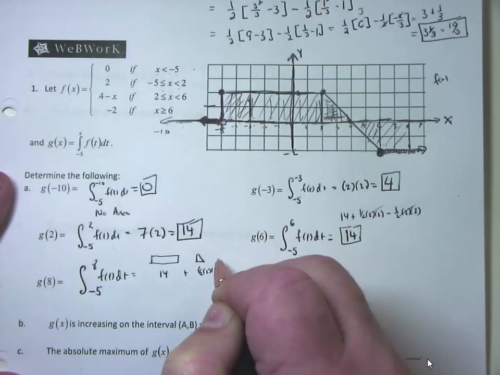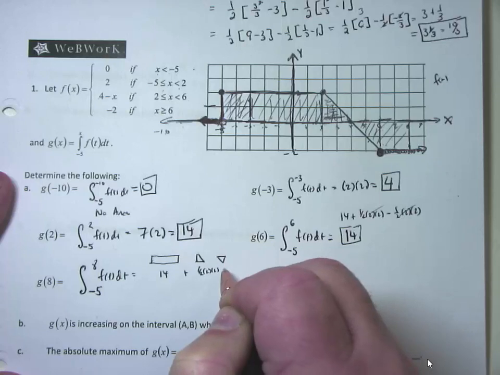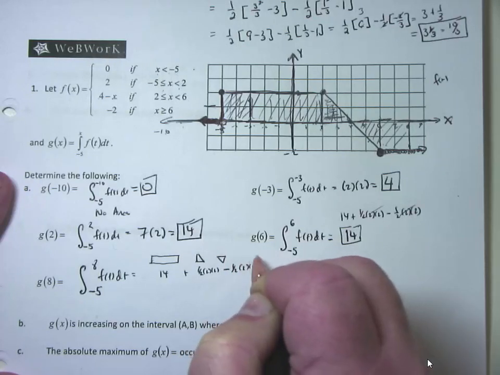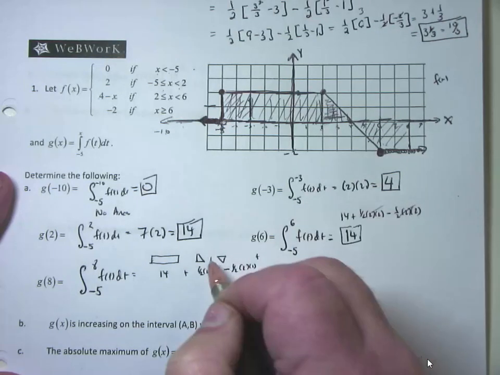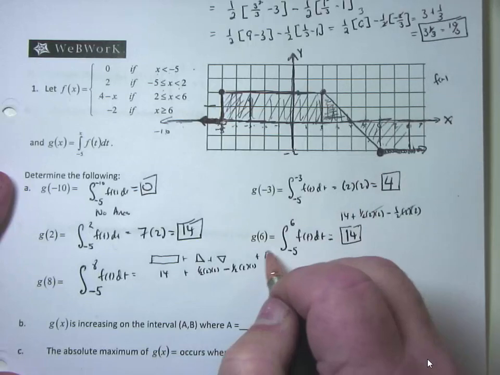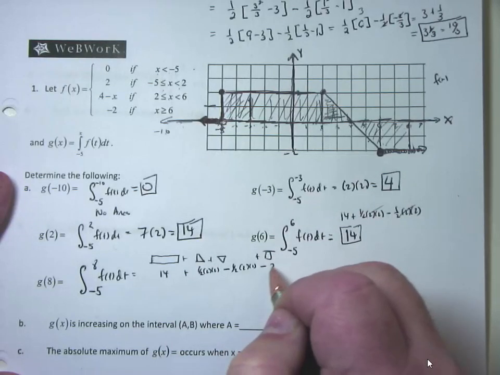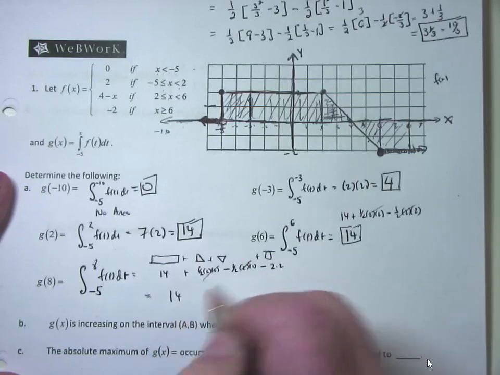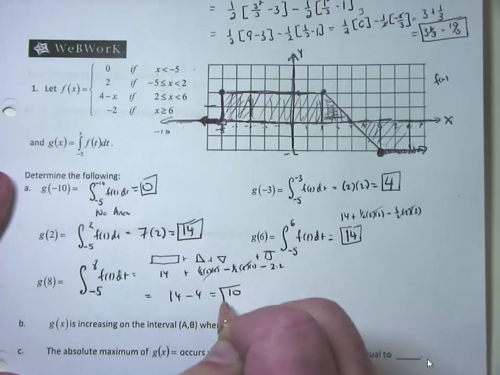I got this triangle right here, which is below the x-axis, which makes it negative 1/2 2 by 2. Plus, what's the last piece I have here? I got a little box right here. It's 2 by 2, but it's located below the x-axis. It'll be minus 2 times 2. So the answer is going to be 14. That cancels. Minus 4. The answer is 10.